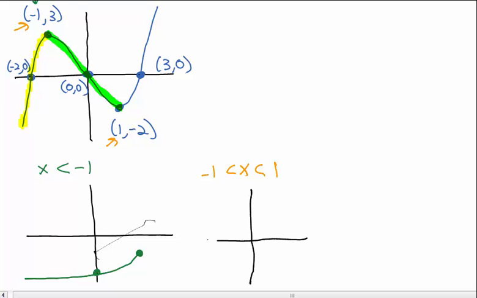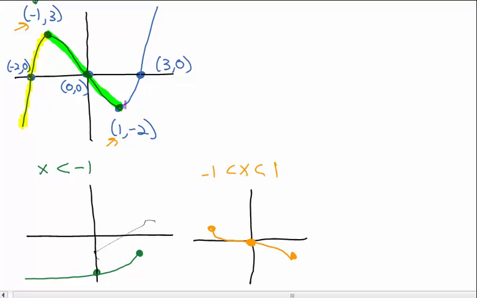Staying between those x values, we end up with the edges at (-1, 3), which when flipped becomes (3, -1), (0, 0), and (1, -2), which when flipped becomes (-2, 1). And then if I connect these dots, we get this little guy, which is a function.